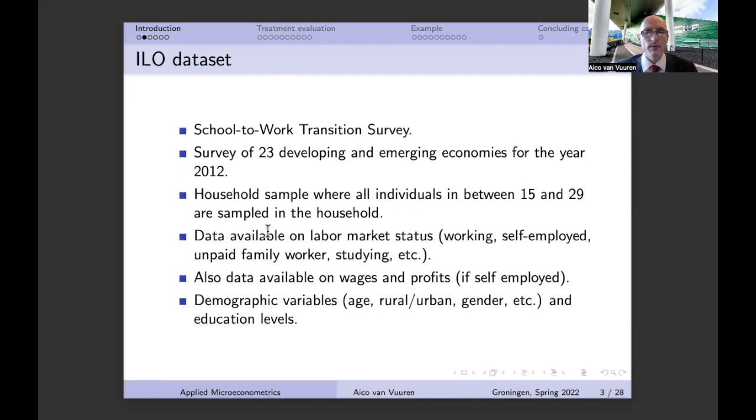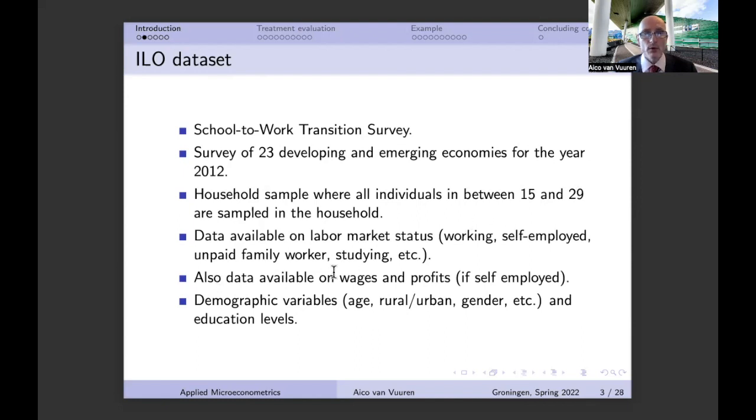There's data available on labor market status. So there's a lot of data available with respect to what individuals are actually doing, like working, self-employed, whether you're an unpaid family worker or whether you're studying. Not so strange, of course, because these people are very young. So it's not that strange if they are still studying. But at least some of them, especially the older ones, may already be working or self-employed.